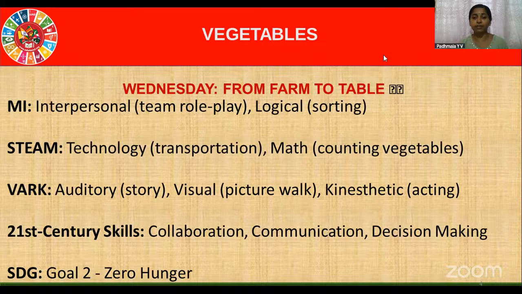They are categorizing. Then the STEAM activity is technology. It is transportation that the child is building. It is engineering. Technology doesn't mean it is only the audio visuals. Technology is all about their thinking and making it.